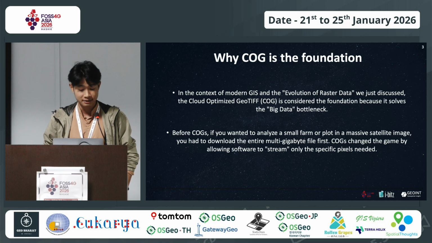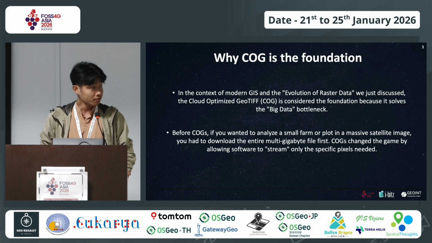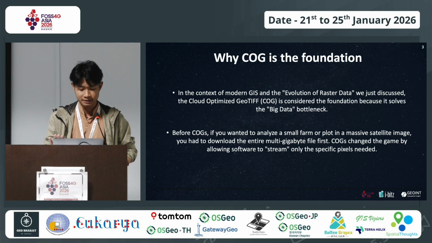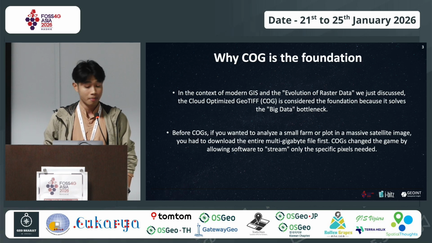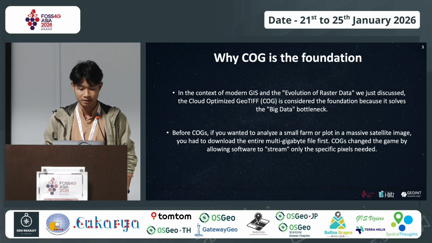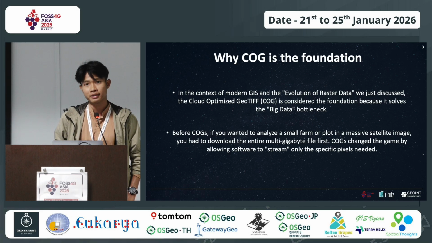Before COG, if you wanted to analyze a small farm plot in a massive satellite image, you had to download the entire multi-gigabyte file first. COG is a game changer by allowing software to stream only the specific pixels needed when I store data in the cloud, like AWS S3.